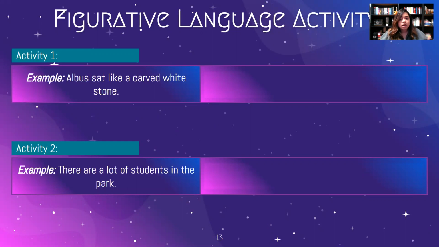Albus sat like a carved white stone. So it uses the word like in the sentence, so it's comparing 2 different things, right? So I'm going to look at the sentence and try to find what it's comparing. So who sat, right? Albus sat like, and what did he sit like? He sat like a carved white stone. And a carved white stone is just a very stoic, steady stone.